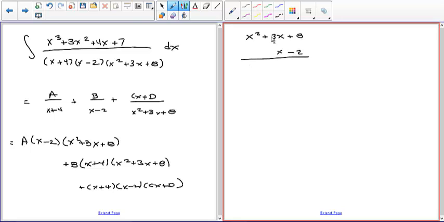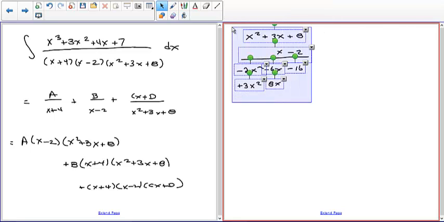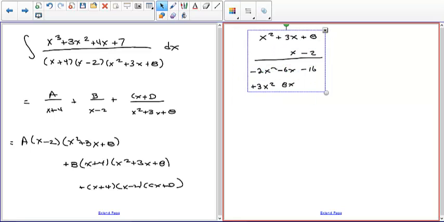So what you would do is take this times each one of those. So you get negative 16 minus 6x minus 2x squared. And then the next row, you'd shift over 1, and then you'd have 8x plus 3x squared, and then x cubed.